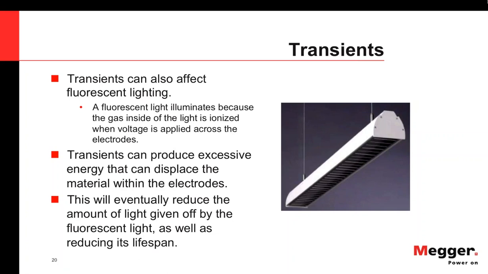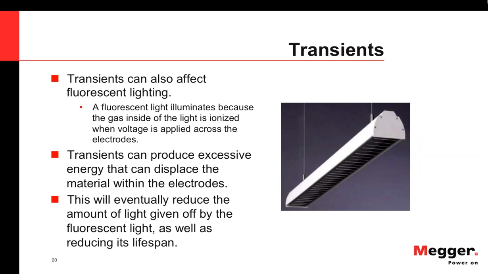Now, transients don't only affect motors and coils, they also have effects on lighting, and they can have effects on fluorescent lighting. As you get transients that come through, they will actually cause dark spots on the fluorescent lighting. Now, a fluorescent light illuminates because the gas inside the light is ionized when a voltage is applied across the electrodes.